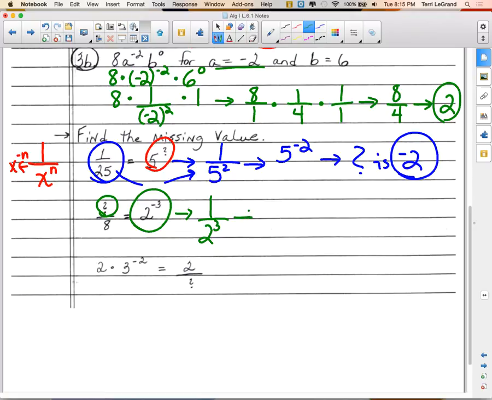Well, 2 to the 3rd power could be renamed as 8. It appears our question mark is right here. We ended up with something over 8. So the question mark is 1.